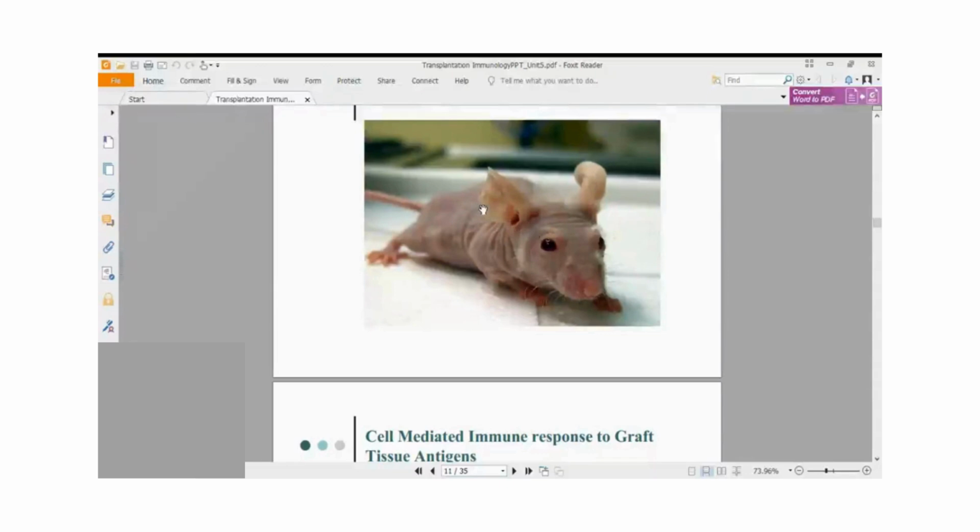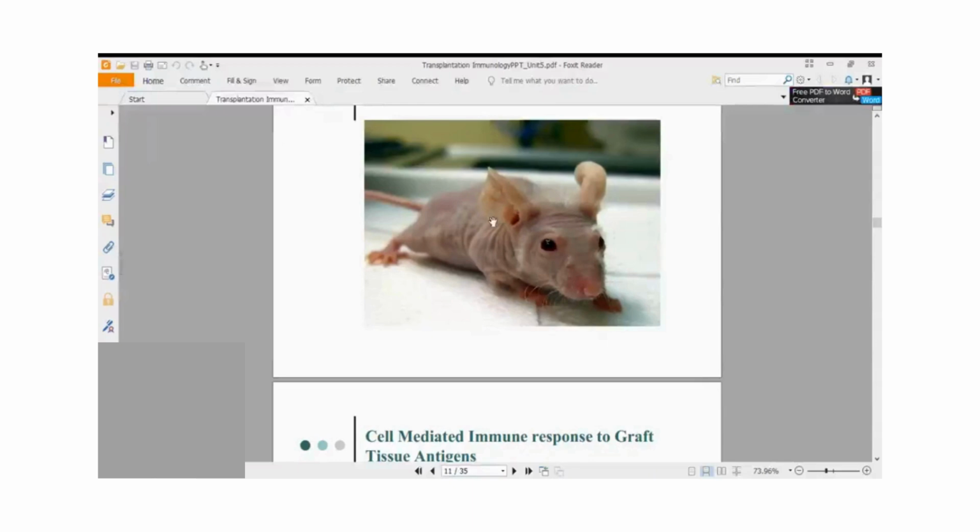But generally, people are born with a normal thymus. They are not athymic. But the reason I gave this example is that formerly, to prevent the immune reaction against the graft, it was in practice, before the discovery of immunosuppressive drugs, which came after 1985.